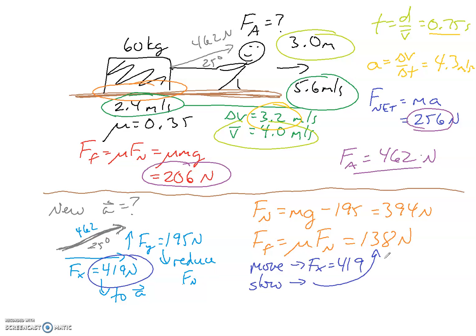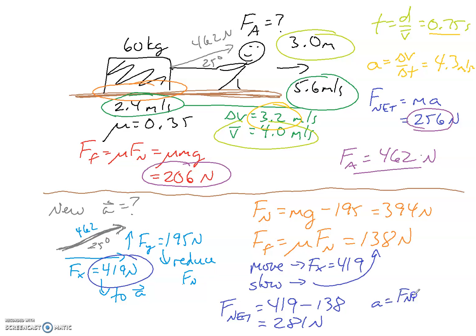That's my friction. So if I use those two, I can calculate my net force. I've got 419 trying to move it. I'll subtract the 138 for friction. 419 take away 138, net force around 281 newtons.